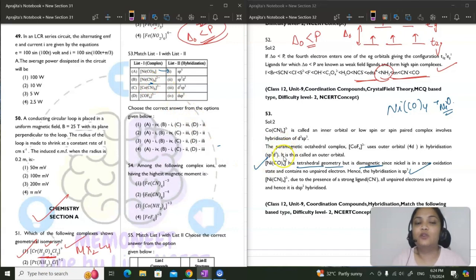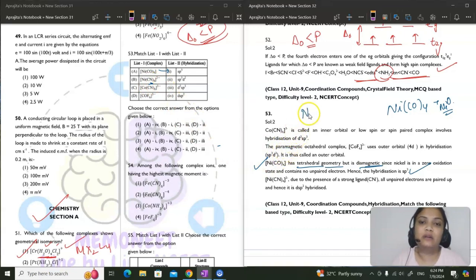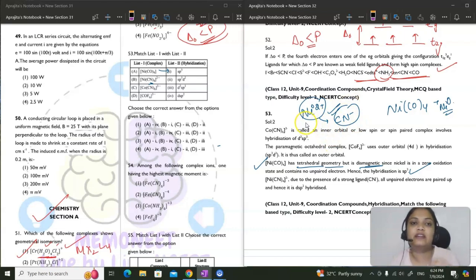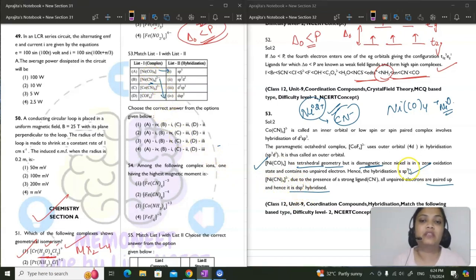In this case also we have 4 ligands with nickel, but nickel has a 2+ charge, and there is a strong field ligand, which is cyanide. So in Ni2+, all the unpaired electrons will be paired up and it will be dsp2 hybridized. Square planar geometry and dsp2 hybridization will be there.